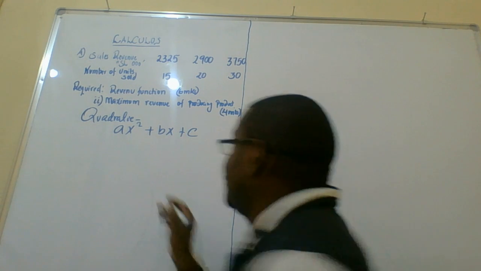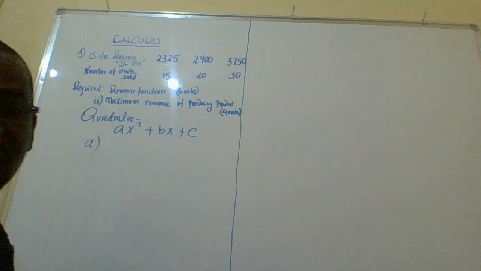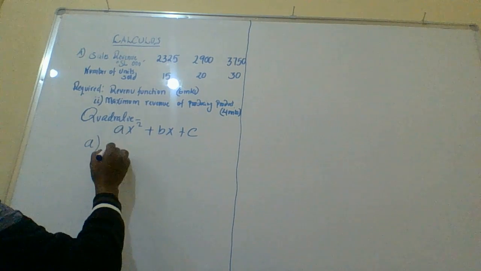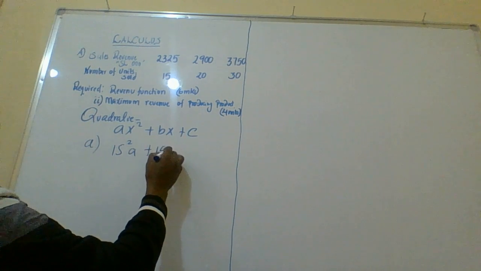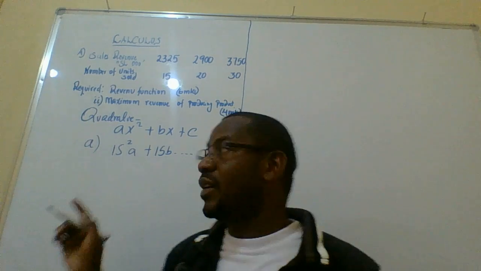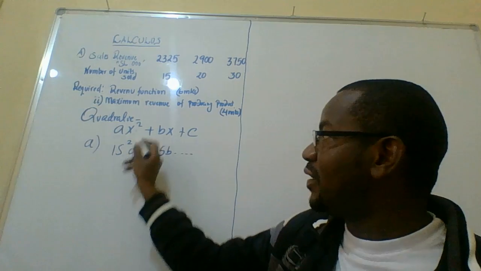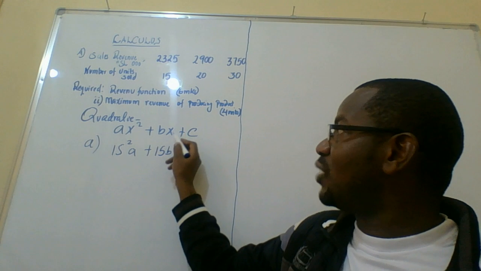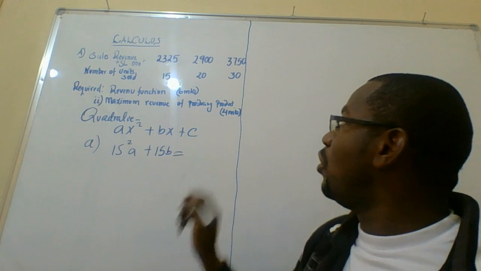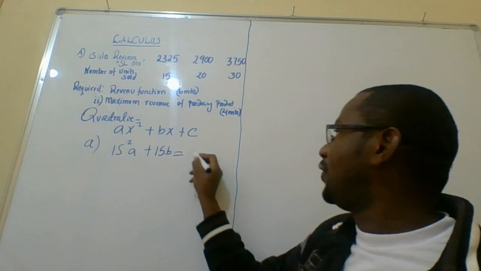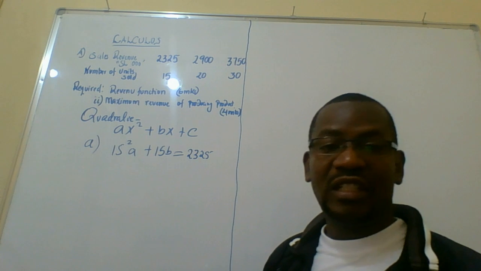Therefore, A is the first equation: 15 squared A plus 15B should be equal to 2325. There we are, my first equation.